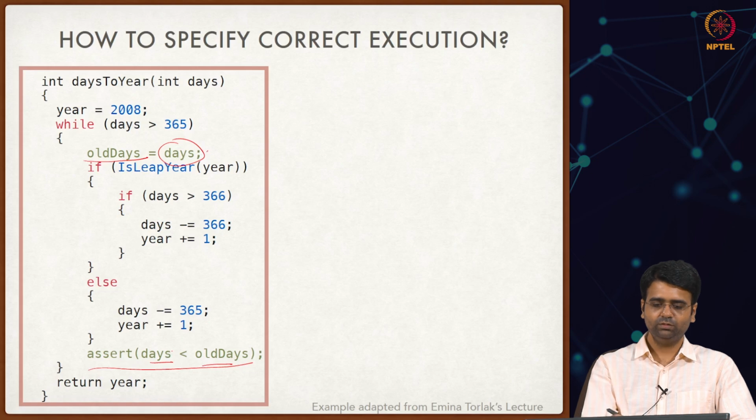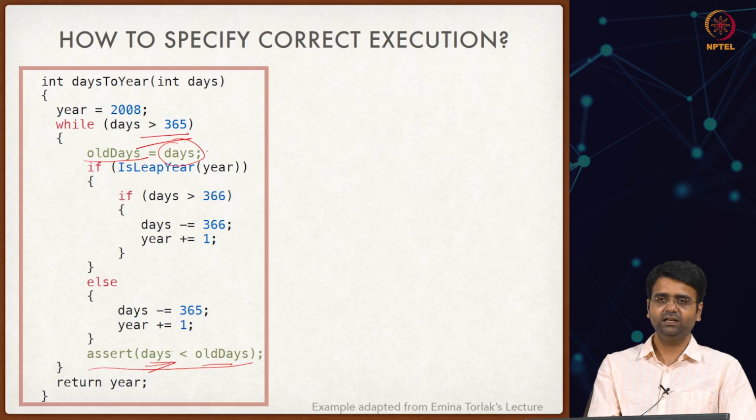Now you can convince yourself that if this assertion holds, if it is true that the number of days is always decreasing, then this loop will definitely terminate. Every time you execute an iteration of the loop, this days variable is going to decrease, and eventually this particular conditional will not get satisfied, because days will become less than 365.